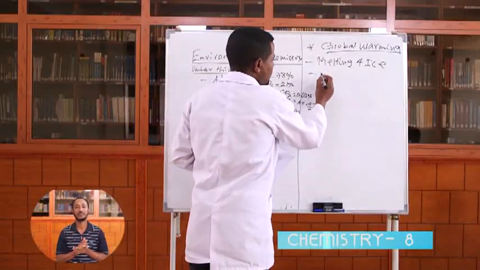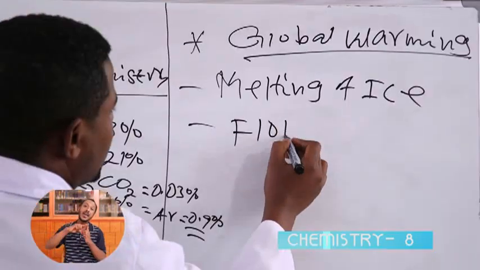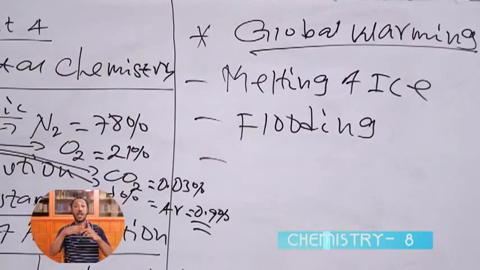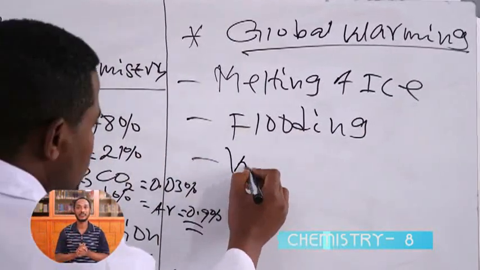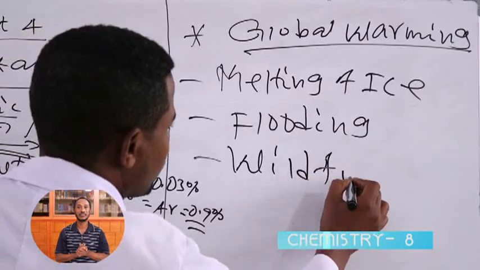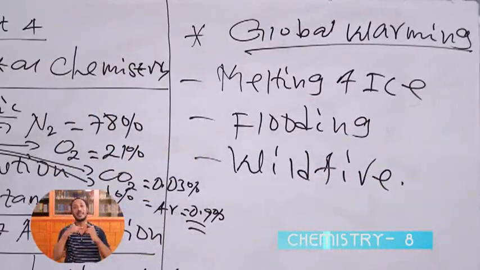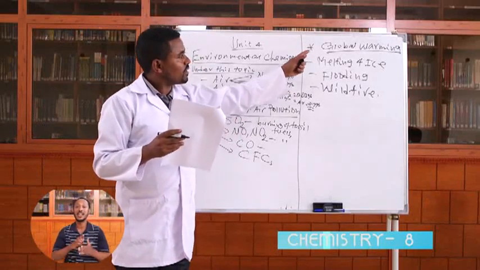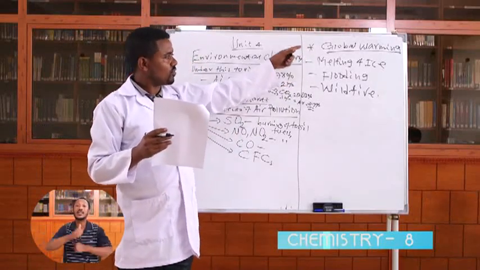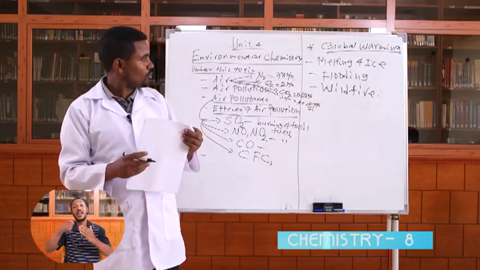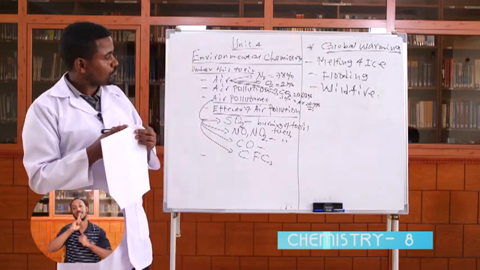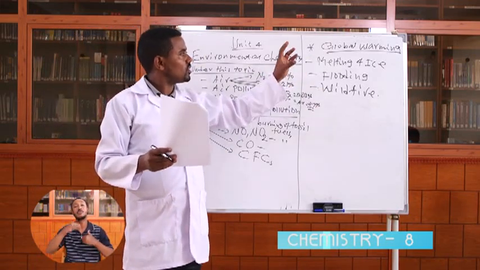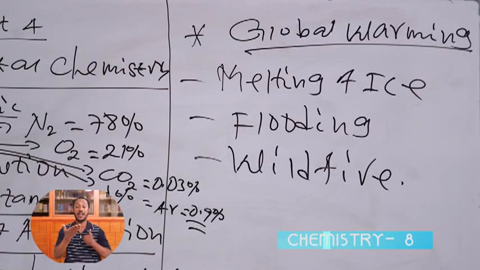If there is melting of ice, as you know, there is flooding. Wildfire. These are the main effects of global warming. Students, you can discuss in your textbook what the causes of global warming are.